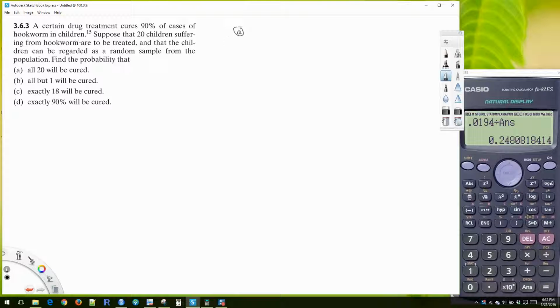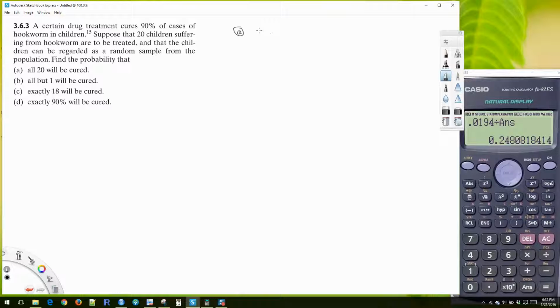So this is a binomial problem. We know that because it's in the binomial section, but we also know it just because we can treat each of these children as kind of independent, not random experiments, but it's like selecting a child at random. Will the hookworm treatment work?